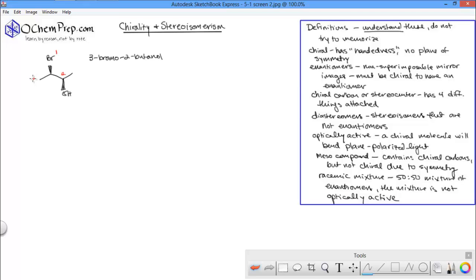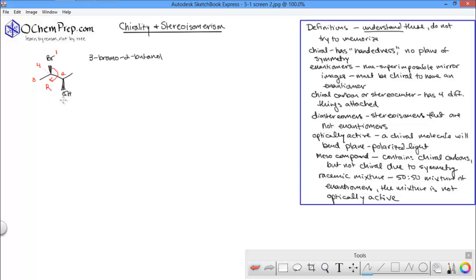This carbon is number 3. And the H that's going back is number 4. We don't have to draw it in. We will assume that it's there. So when you look at this compound right here, the carbon with the bromine is going in a clockwise direction. So this will be R.